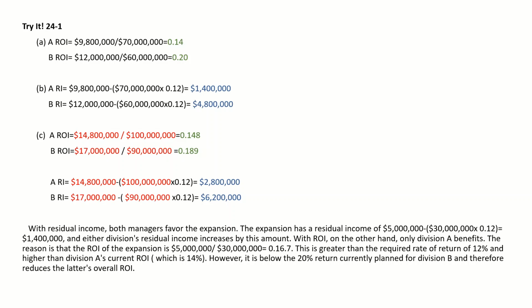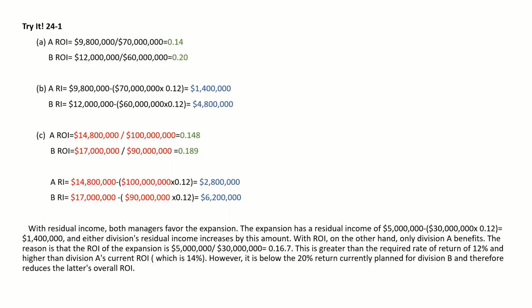The reason is that the return on investment of the expansion is $5 million divided by $30 million, equal to 0.167. This is greater than the required rate of return of 12% and higher than division A's current return on investment. However, it is below the 20% return currently planned for division B and therefore reduces the latter's overall return on investment.